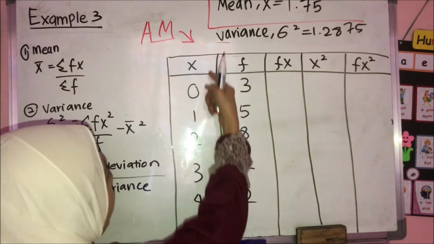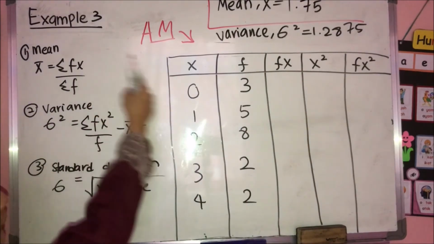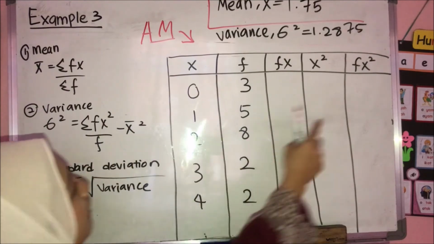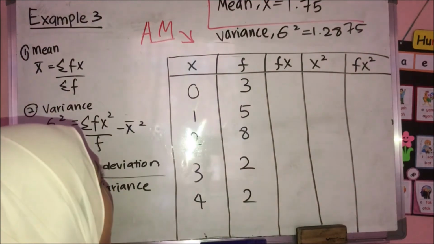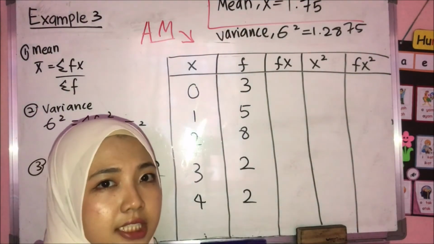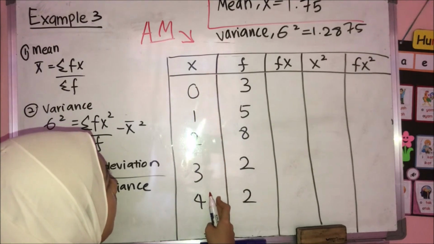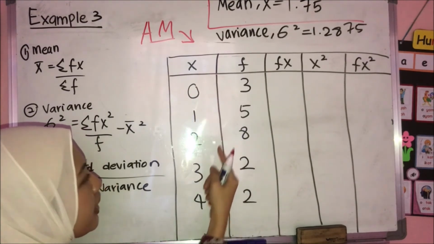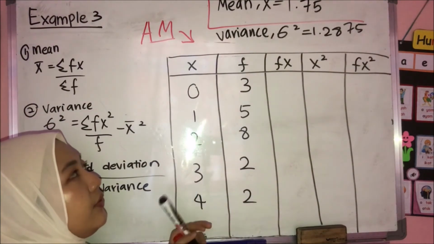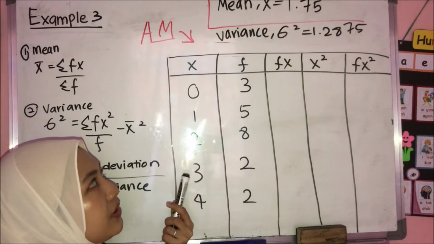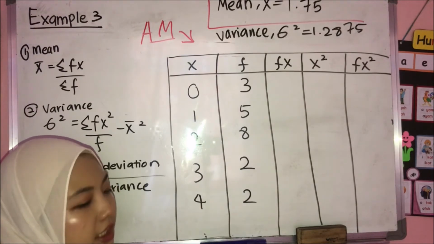In the table, we have x, f, and then fx. Then we have x squared, and we have fx squared. Firstly, we write all the data that have been given in the table. The table has given us the data, right? 0, 1, 2, 3, 4, and then the frequency also, 3, 5, 8, 2, 2, and then fx.